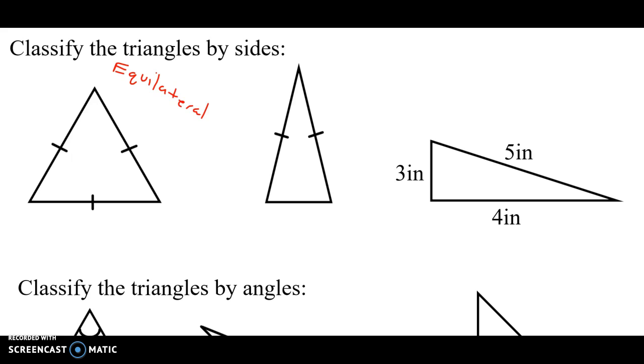We'll find out later on that if it's equilateral, it is equiangular. But equiangular is by angles, right? We're only classifying by sides here. So there's one more side classification that would work. Skylar? Isosceles. Remember, if it has at least two congruent sides, it is also isosceles.